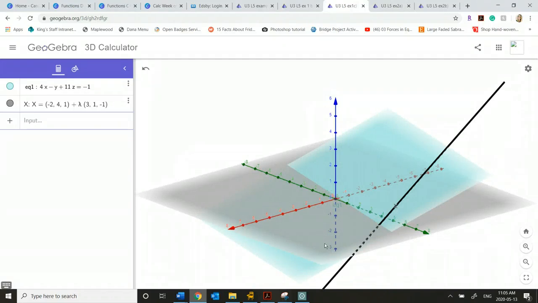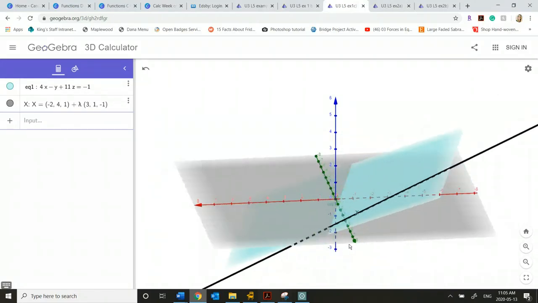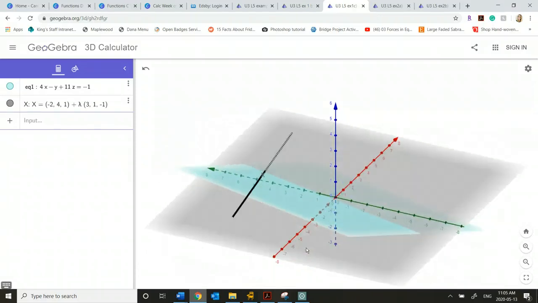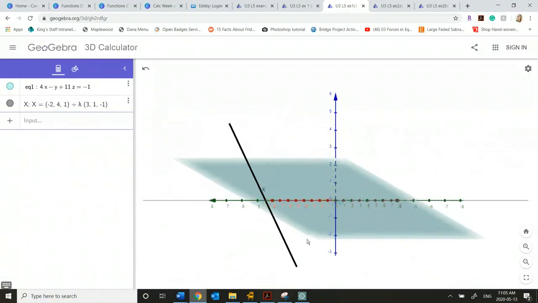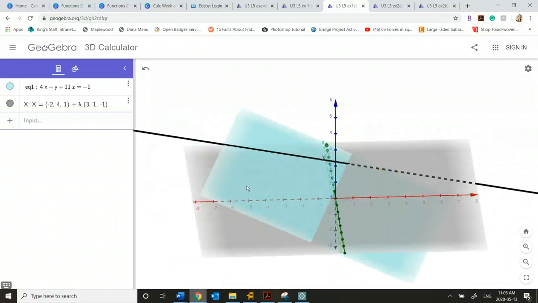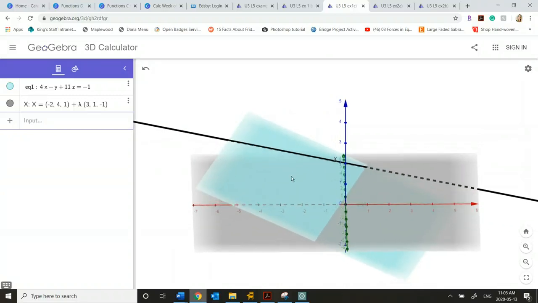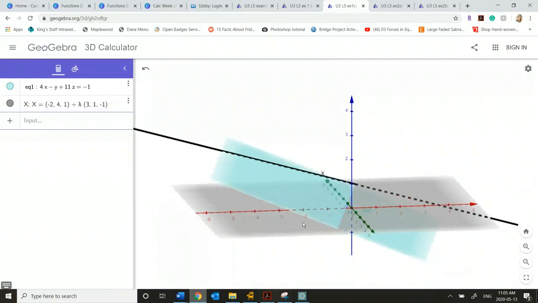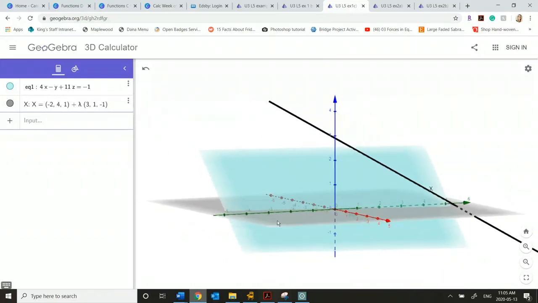All right, so here you can see that our line is coincident with our plane, so it's actually inside the plane, which means that I can continue zooming out here and that line is just going to be flush with that plane. So infinite points of intersection where that line lies along the plane there.